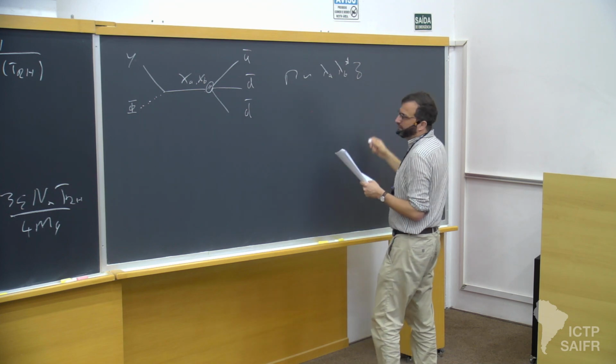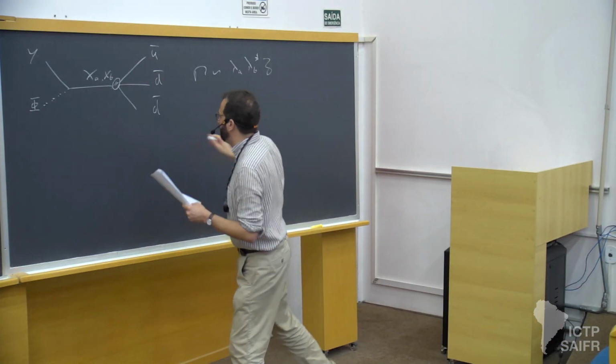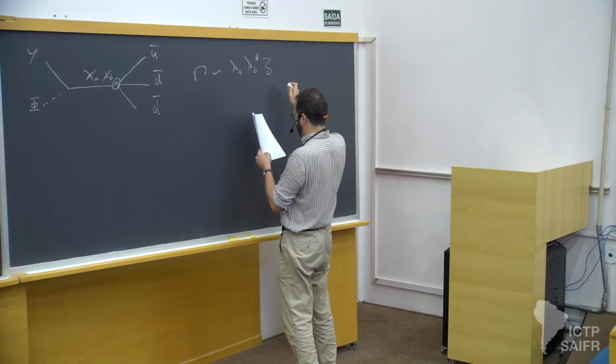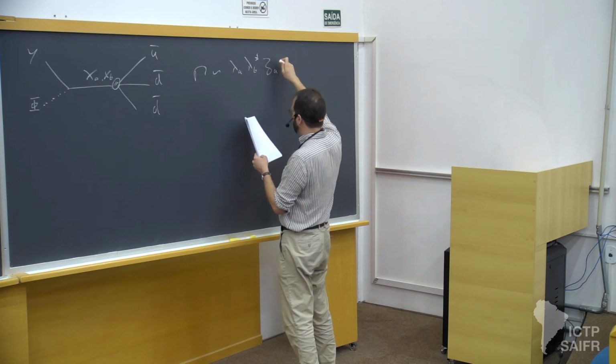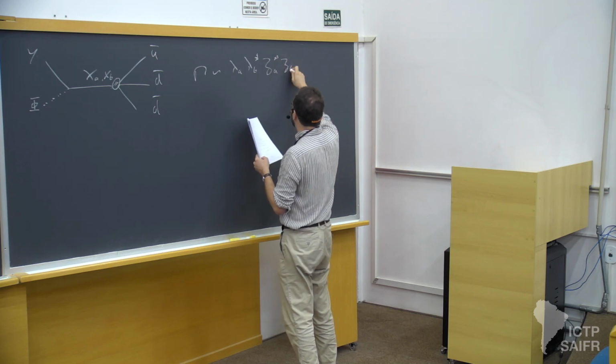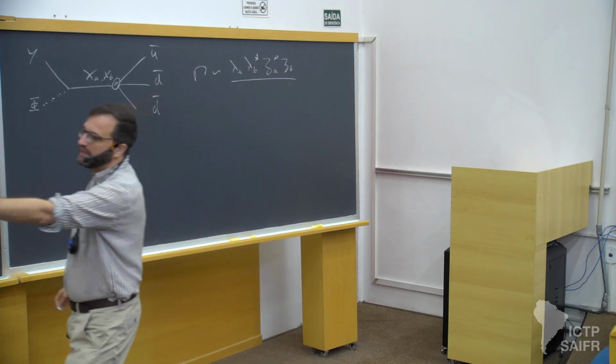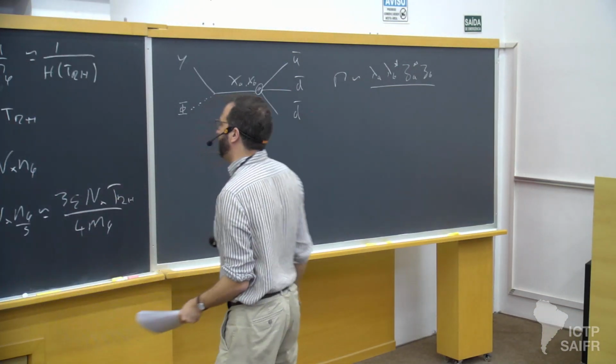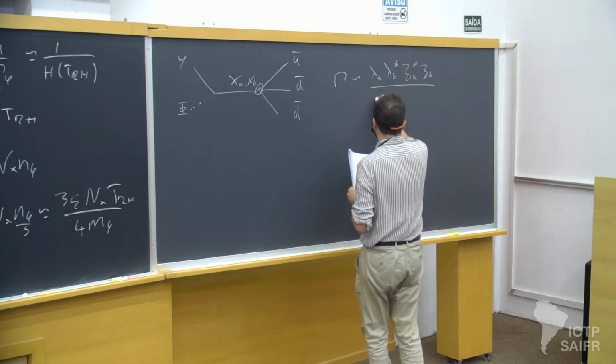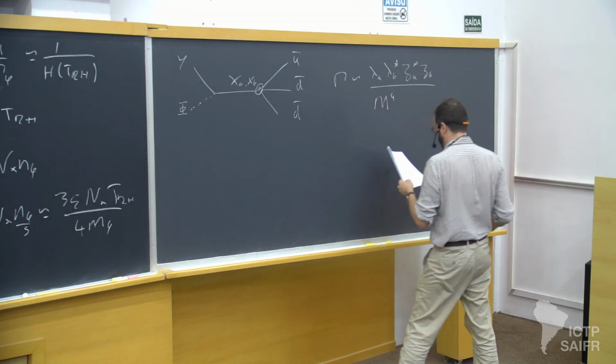So there are different diagrams, yeah? Summing up, in principle, okay? And then from the first coupling, you know that's an effective operator. So when you square the amplitude, you'll get capital M to the 4.